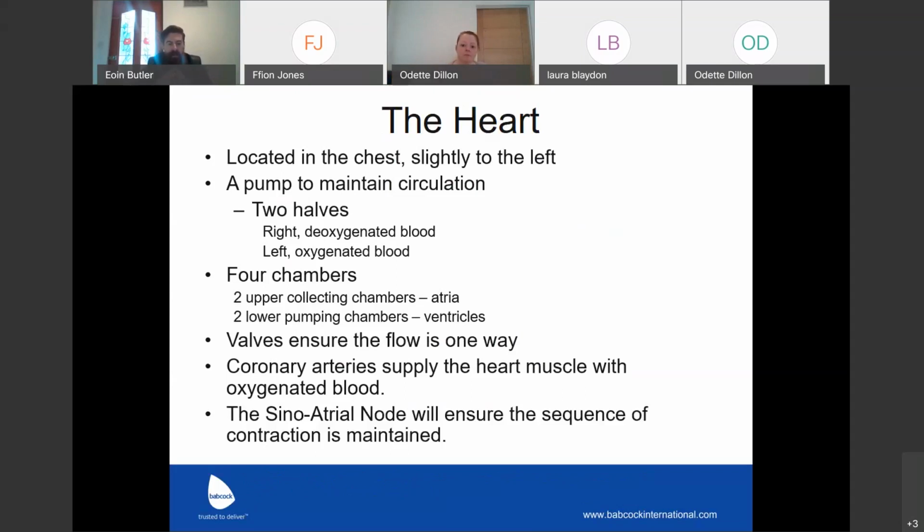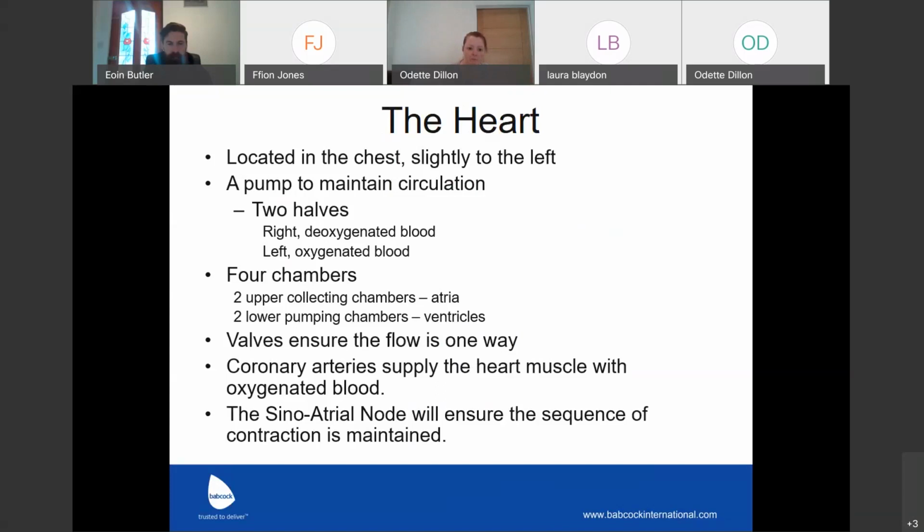So the heart, just a recap on it. It's a pump that maintains circulation, split into two halves. The right side carrying deoxygenated blood, the left side carrying oxygenated blood. Two upper collecting chambers called the atria, two lower pumping chambers called the ventricles. Valves ensure that the flow is one way. The valves between the atria and the ventricles are called the atrioventricular valves.